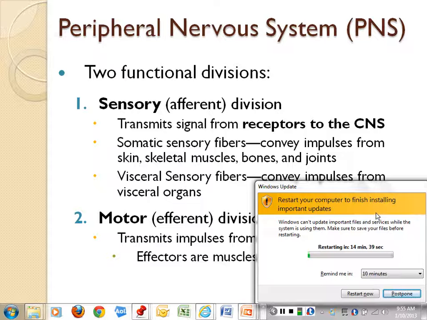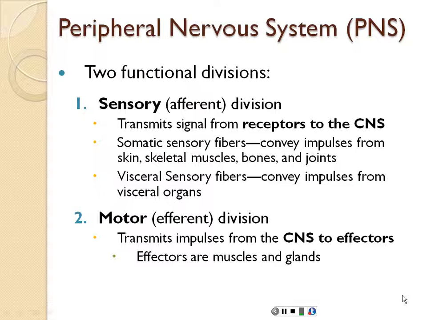Okay, so now let's look at the subdivisions of each of these. So the sensory division, and notice you also have afferent. So just know that afferent is the same as sensory. Sometimes I'll use afferent division, sometimes I'll use sensory. So just make sure you know they mean the same. And then efferent with an E is motor.